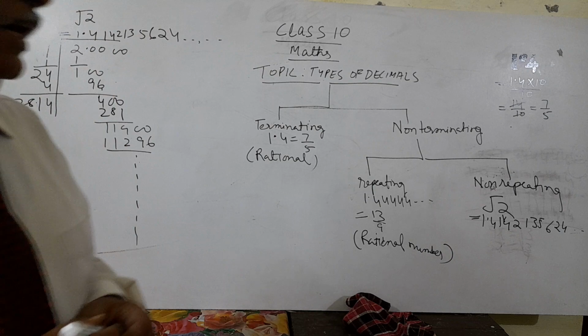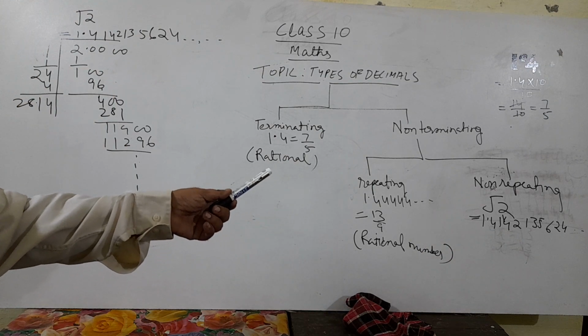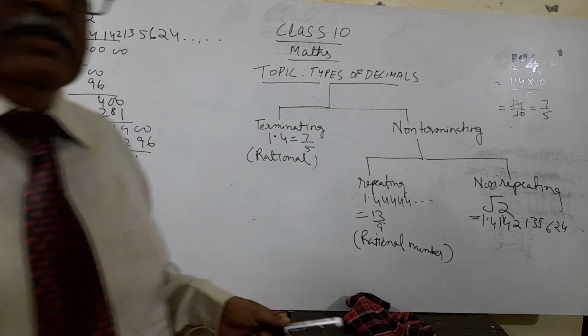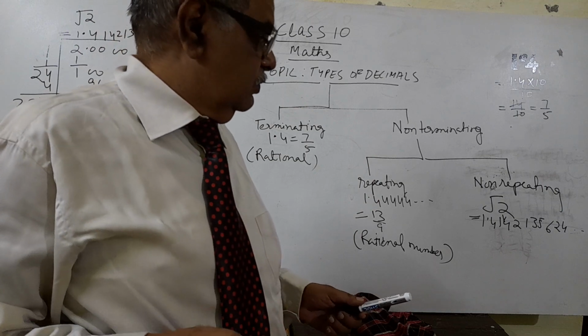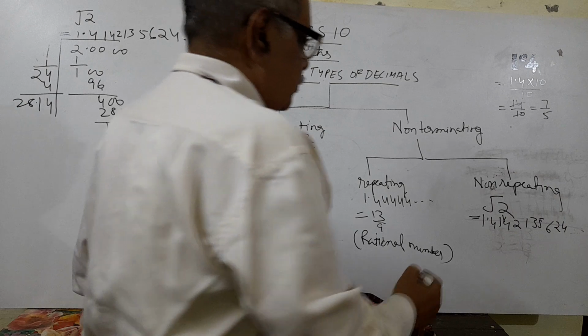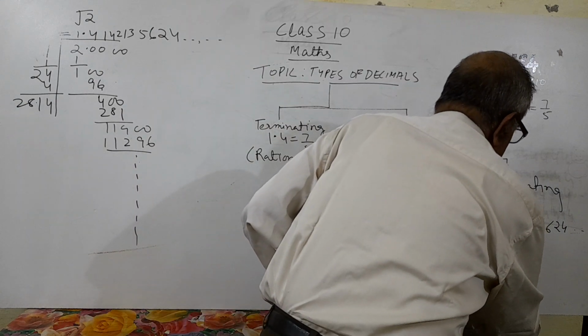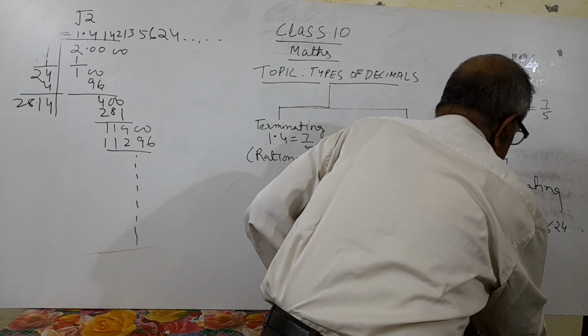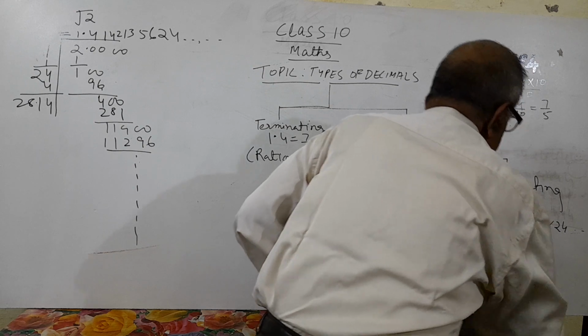Very important. The question I am leaving to you, because this is in the NCERT syllabus and course, is whether root 2 can be converted into a fraction or not. We will see that it cannot be converted into a fraction.